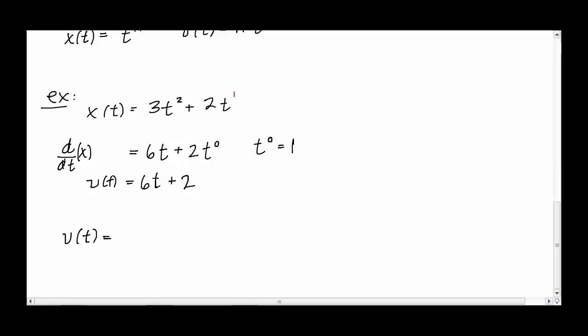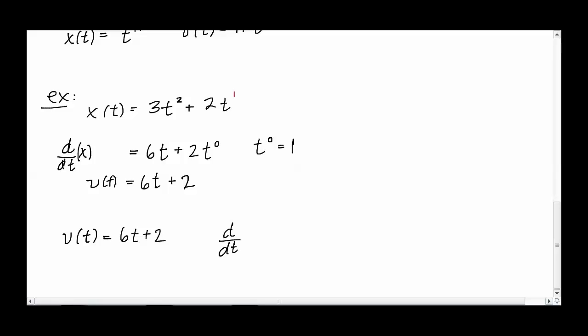Now, the slope of a velocity time graph is acceleration. So if we have a changing velocity, let's say that our velocity is, we'll use the same function, 6t plus 2.